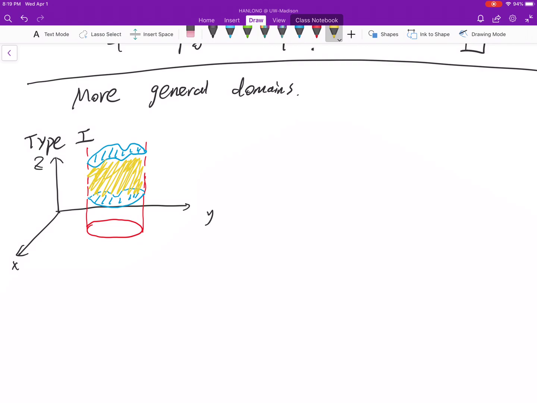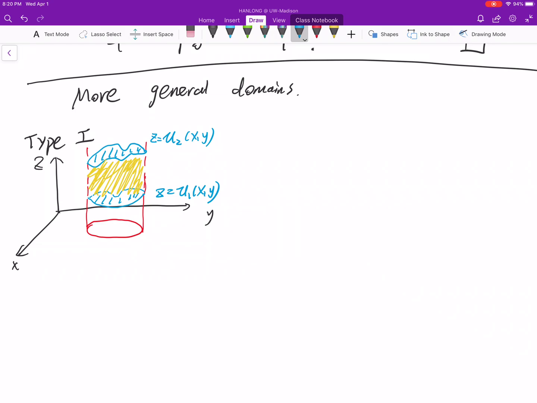So how do we describe the region, just like what we did for type 1 or type 2? We first set up the formula for the graph. Notice that you have two blue parts, each of them is a graph. You can write down z is u2(x,y) for the top, and then for the bottom one, z is u1(x,y).